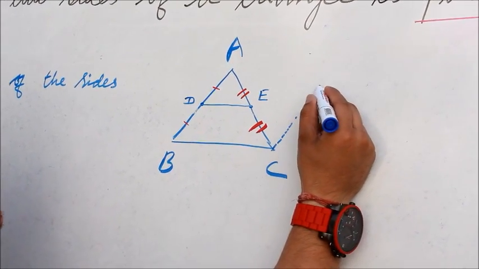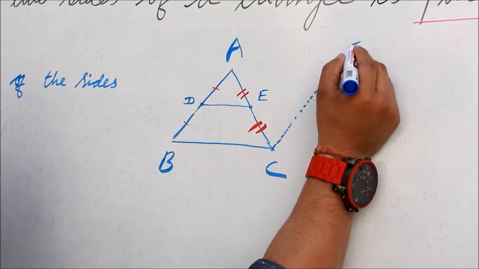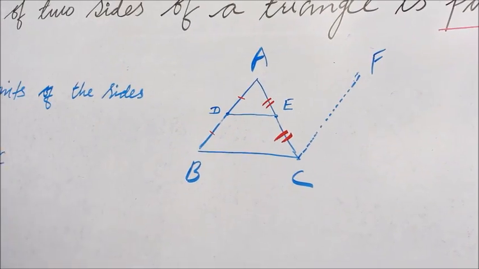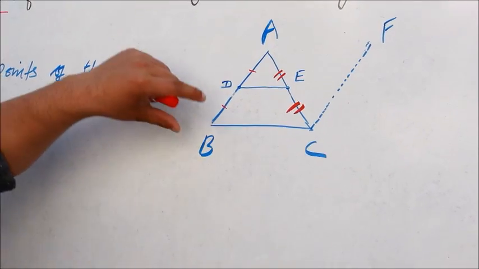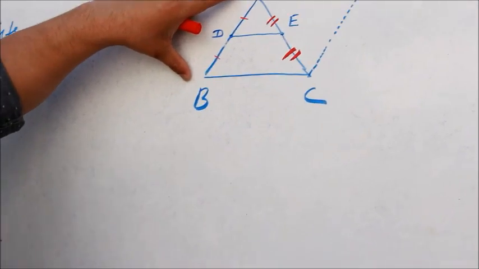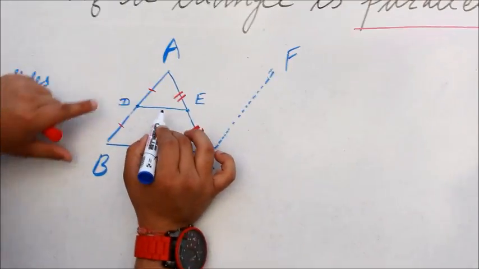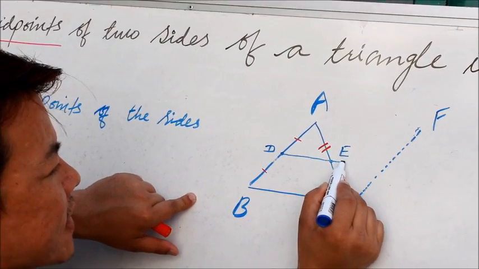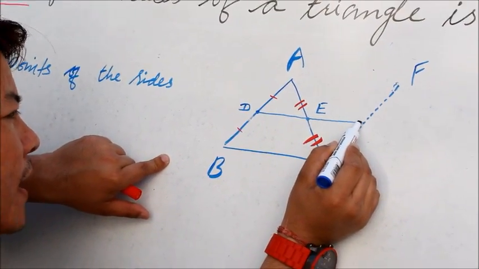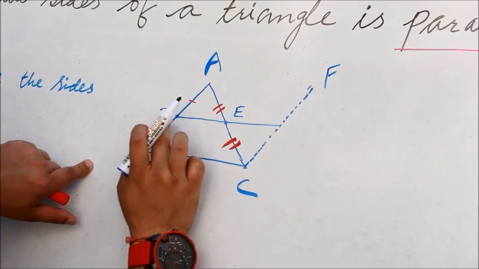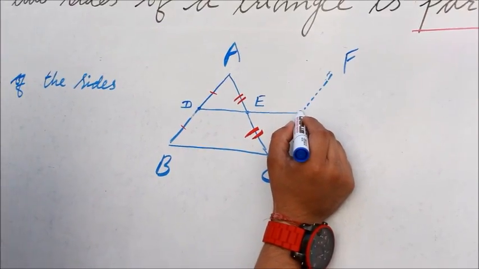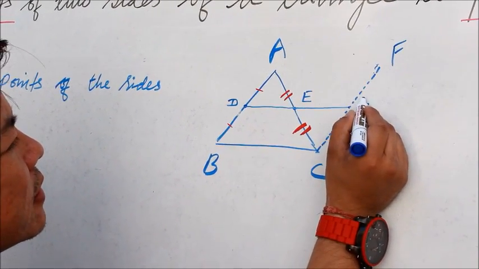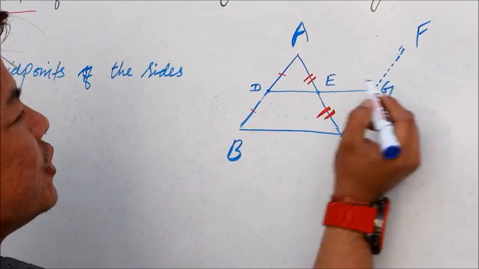Parallel to BA, name it F. Then you extend this DE up to the parallel line where the extended line meets. Name this point as G.